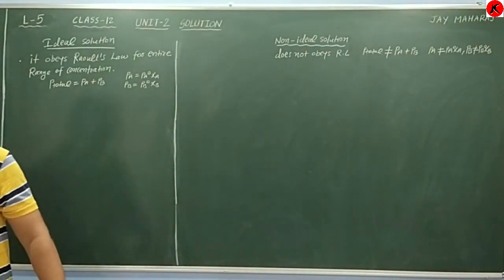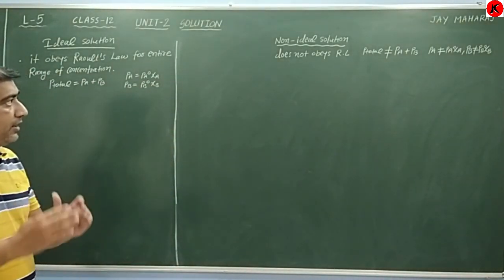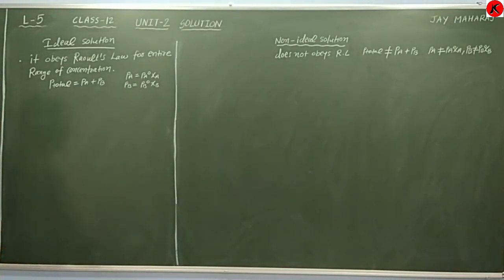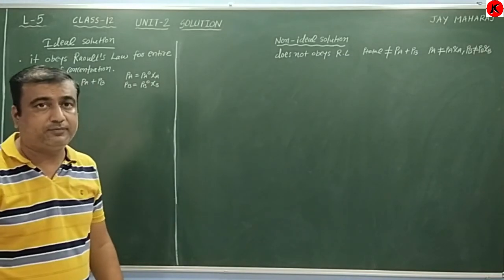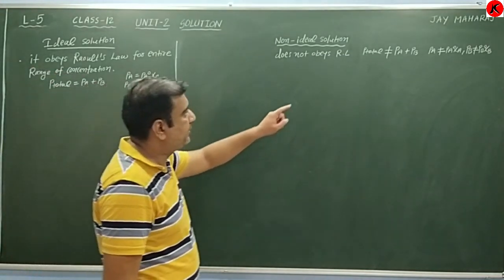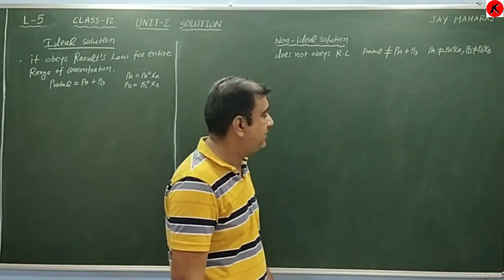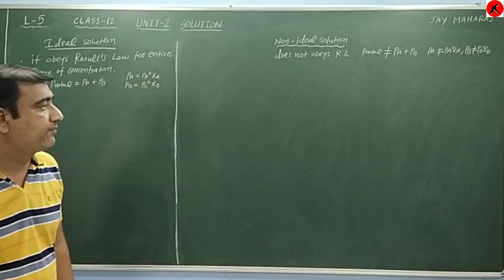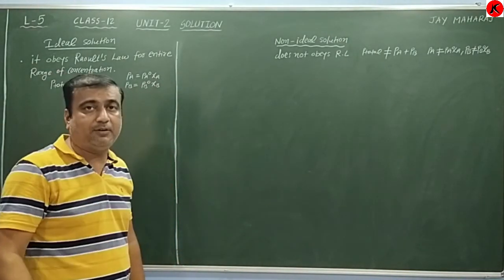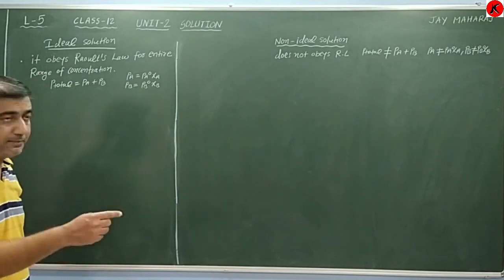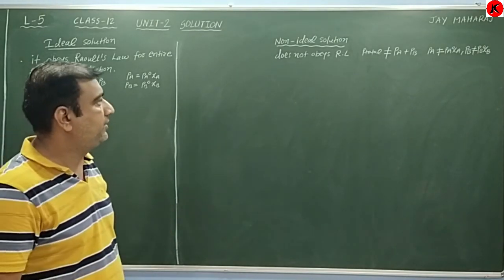That means P total is not equal to PA plus PB. That means it does not obey Raoult's law. Here there are two possibilities: whether P total will be greater than PA plus PB, otherwise less than.